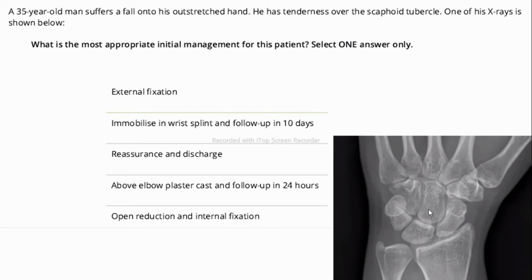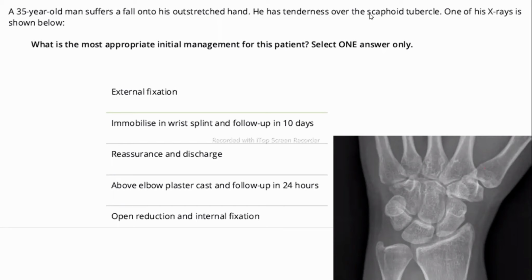If you don't see anything, for example, you can read the scenario: fall onto an outstretched hand. What does it mean? Maybe scaphoid, maybe other abnormality, right? Okay. So tenderness over the scaphoid tubercle, what does it mean? Maybe scaphoid fracture. So is it suspected or confirmed in the scenario?